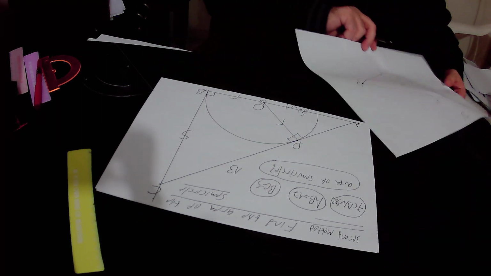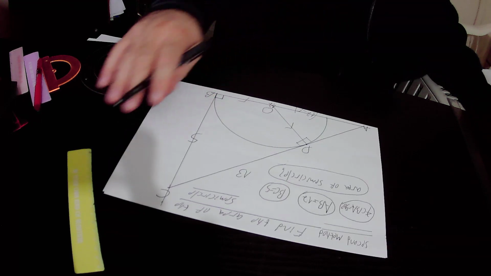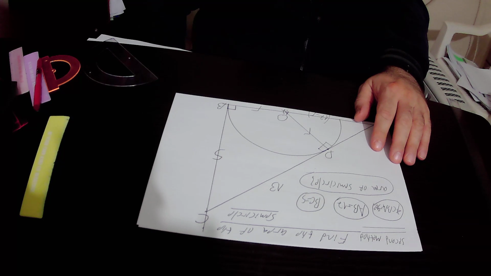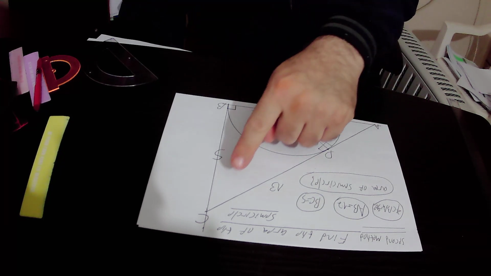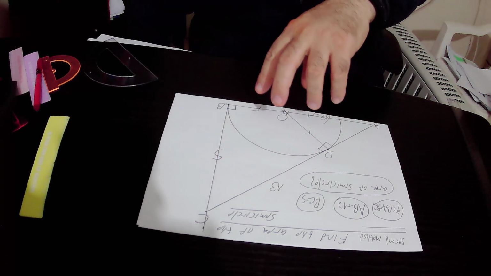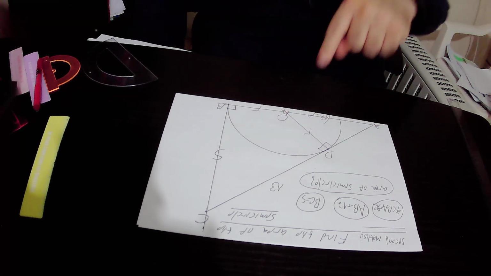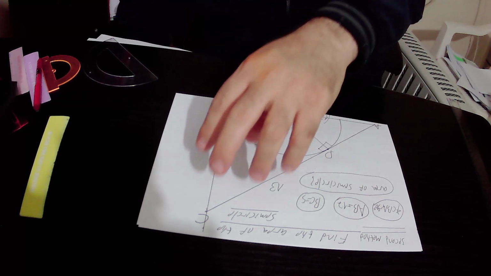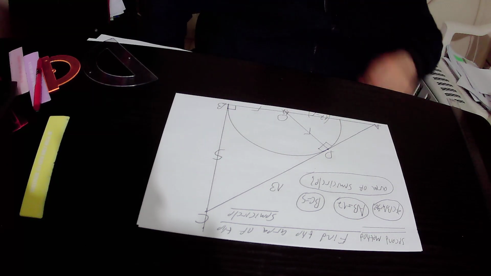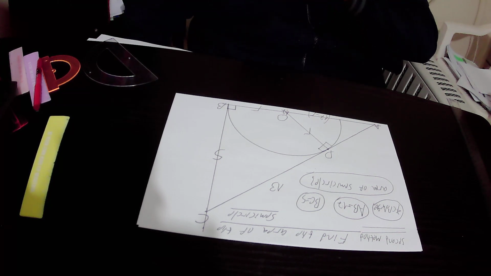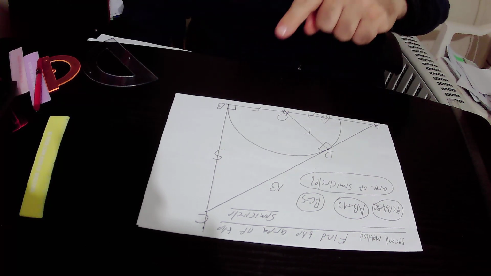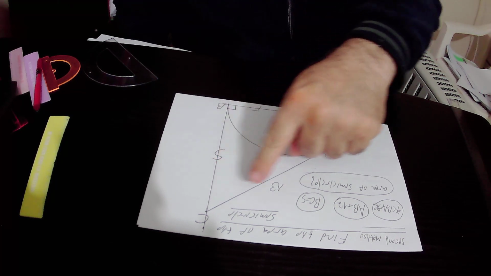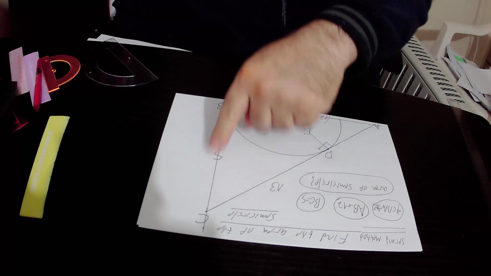So we can implement rule number 2, the two tangents theorem, in our drawing, because in our drawing we have an external point. Point C is an external point in relation to this semicircle, because it is not located inside the semicircle nor on it, but it is located outside of this semicircle. And from point C, we have two tangents to this circle. The first tangent is CD, and the second tangent is CB.